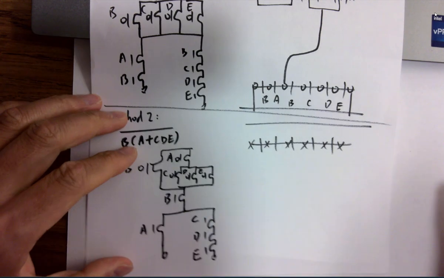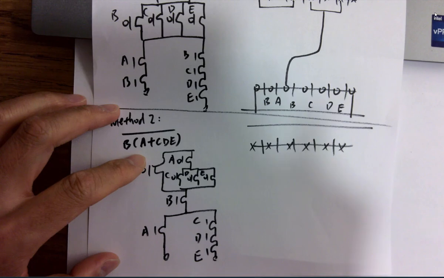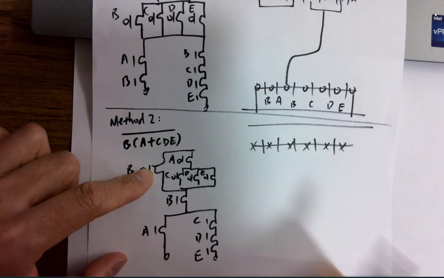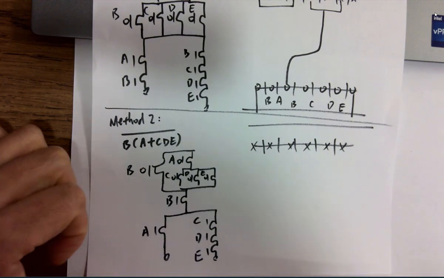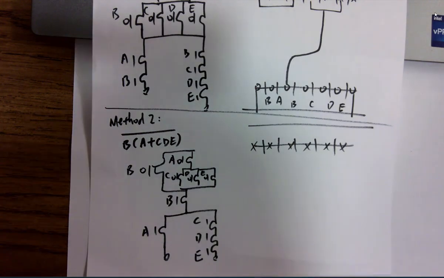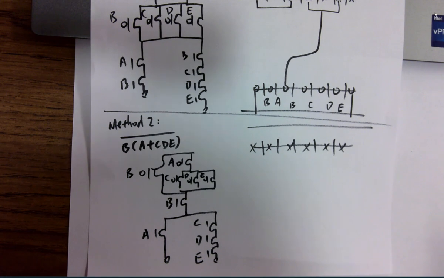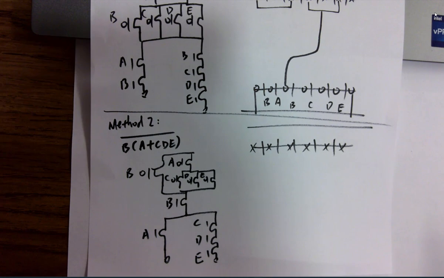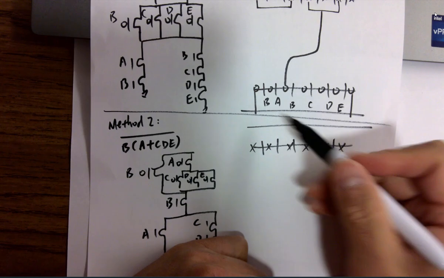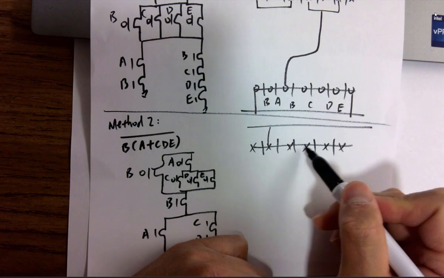So first, if you look at this one, it's 2 in parallel, so it's B and A getting split over here first. So it has to be this first, right? B and A, 2 branches.